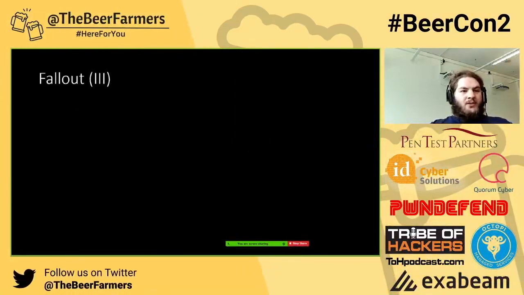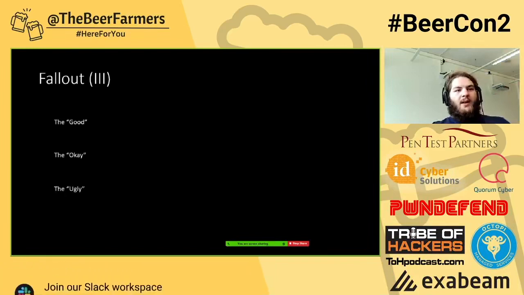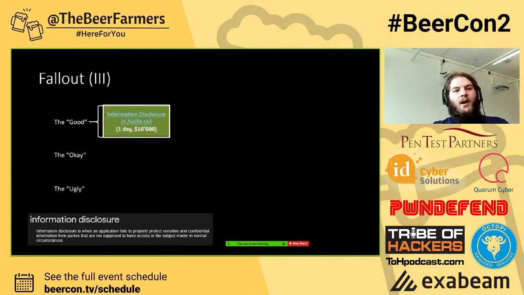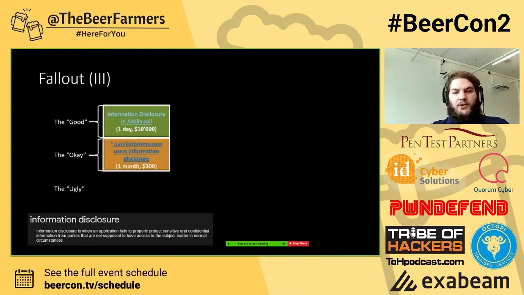In terms of fallout, we can also just quantify fallout by how the entity responded. I'm going to use 3 small test cases. For the good, well, you have an information disclosure in some type of new service in an API, which is solved quickly. High bug bounty, that's pretty good. Information disclosure of certain users of a forum, solved kind of slowly, that's okay. Some things take time.